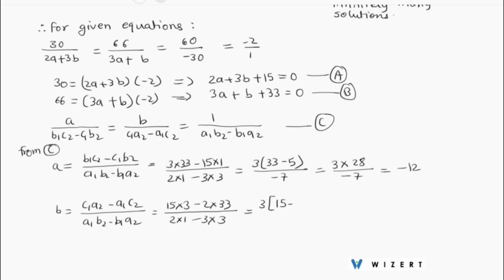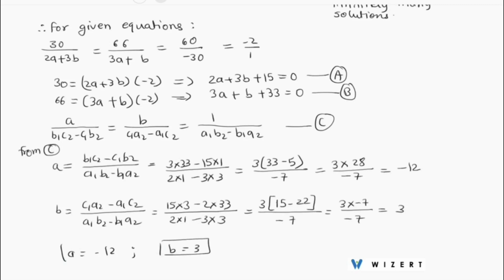So we have 15 minus, when we take 3 out of here we get 11 here, so 11 twos are 22. So 15 minus 22, we are left with minus 7 divided by minus 7, which is equal to 3 multiplied by minus 7 by minus 7, which is equal to 3. So we get value of A is equal to minus 12 and value of B is equal to 3.